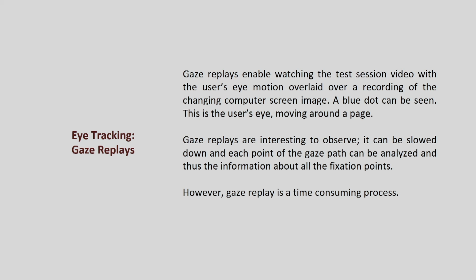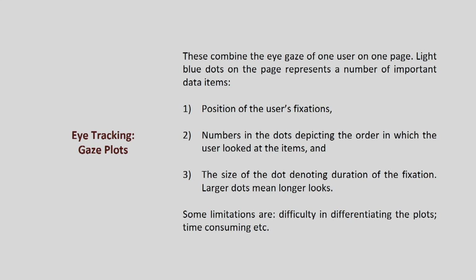Gaze replays are very interesting to observe, because they really show how my eyes are moving on the screen. It also helps to understand the gaze path, like from where to where the subject is moving. That is very important, but yes, this process is time consuming. You should be very careful before planning this experimental setup or study.